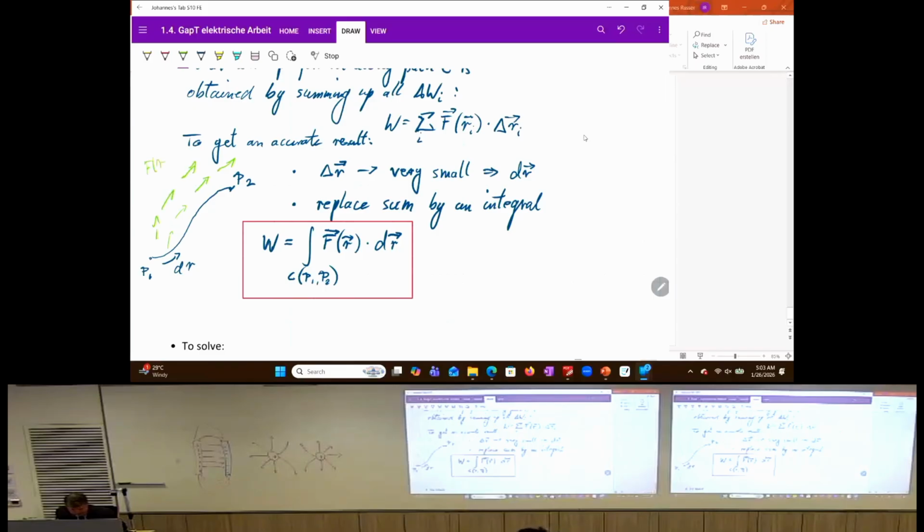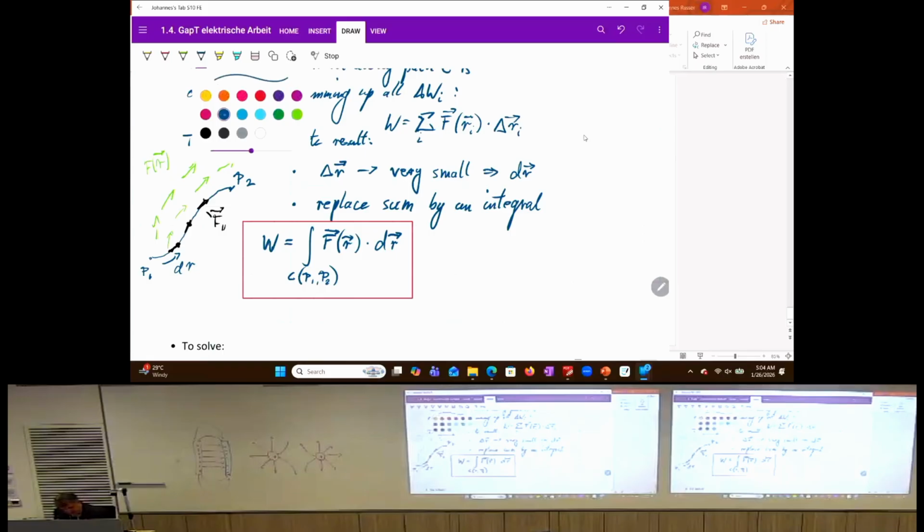This is your force field, and you place your integration path through this force field, and as you do that, for each point you project and look at the tangential component of your force field at each segment. So in the end, you have a curve or path integral in a vector field.